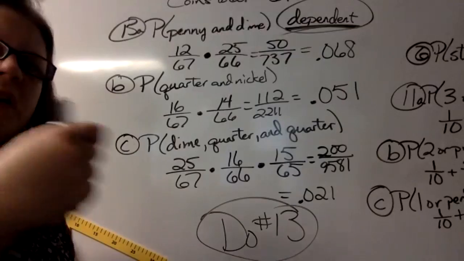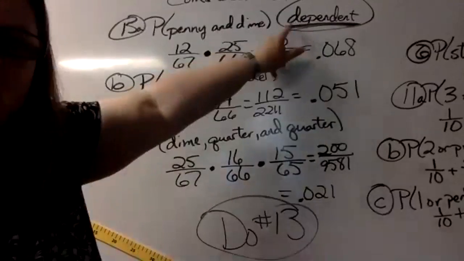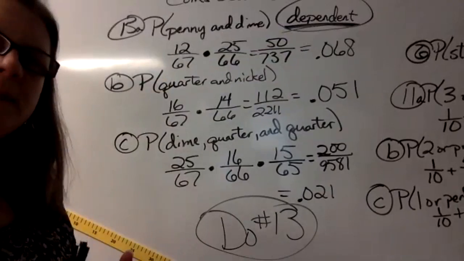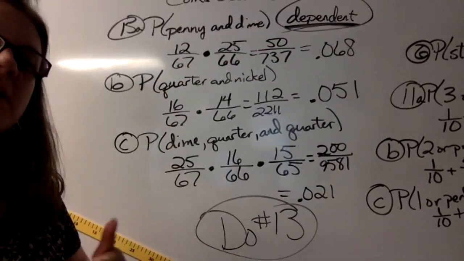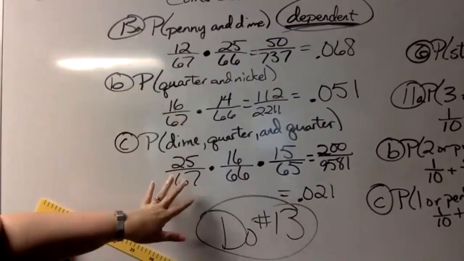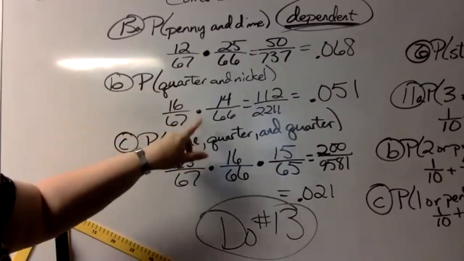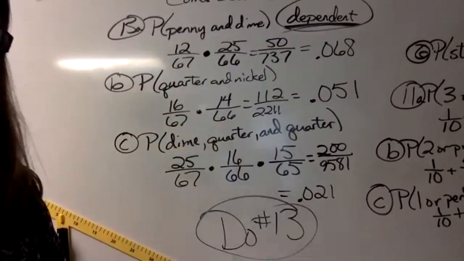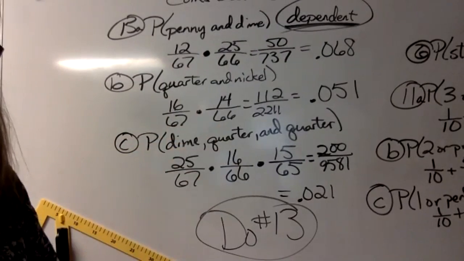So since it's putting it back in, are they dependent? No, they are independent. So you do the same concept that we were doing on 15. You're going to be multiplying because it says and, but the bottom number stays the same because you put it back in before you draw the next one.